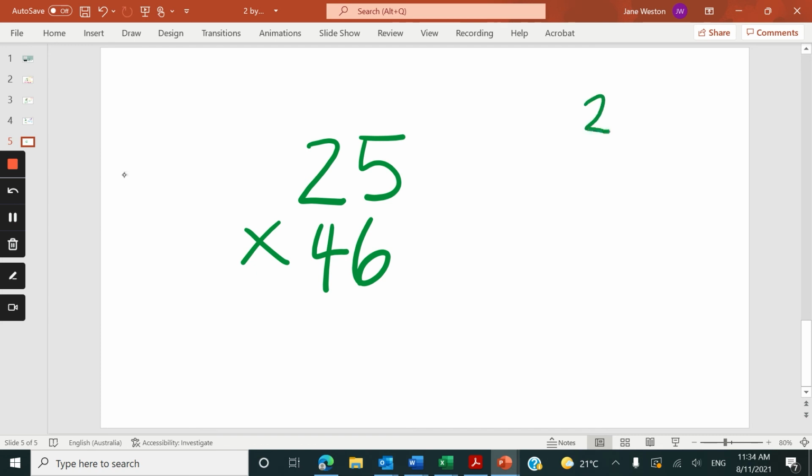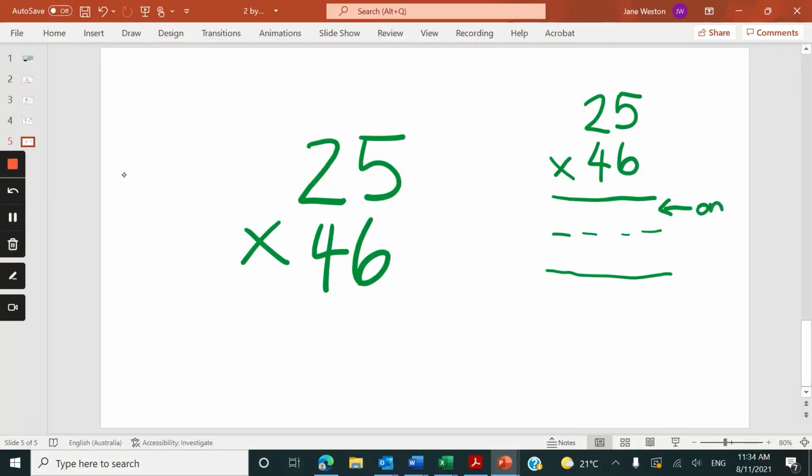First of all, I'll make sure that I'm doing my place values one above the other in the right place. So my 1s will be above the 1s and my 10s will be above the 10s, and grid paper can help with that. Then I'm going to do my solving lines and I'm going to split it up to remind myself that I want to solve the 1s first, and then I want to solve the 10s.